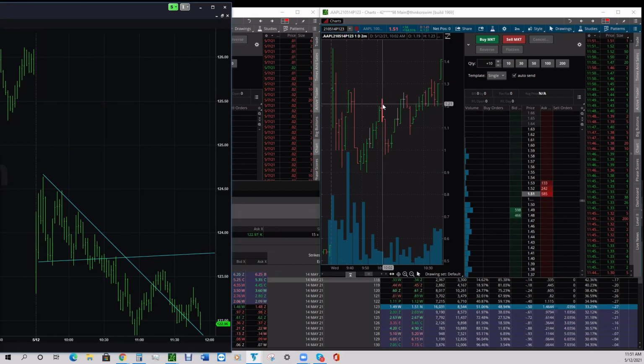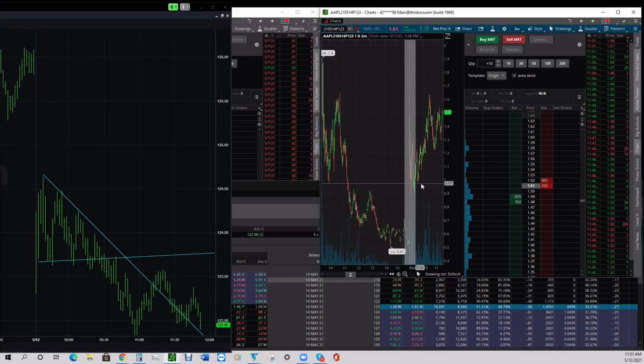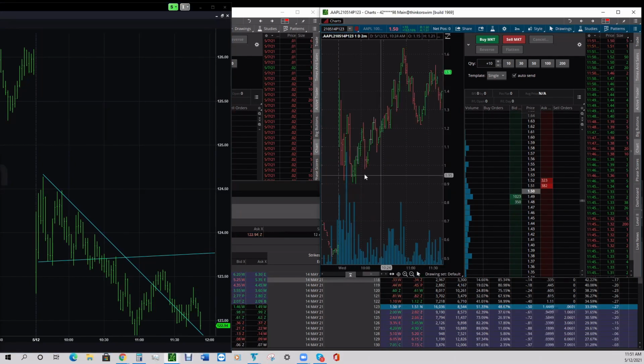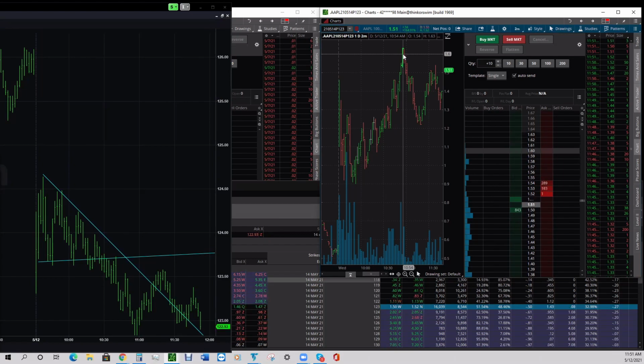But normally, I look for Apple to make a larger move, and again, let's zoom out a little bit so we can kind of see what we're talking about. And bam, it went all the way up to $1.60 something. Let's just say $1.60 for even numbers. So in this particular move, it moved 60 cents from the $1 entry that you made.